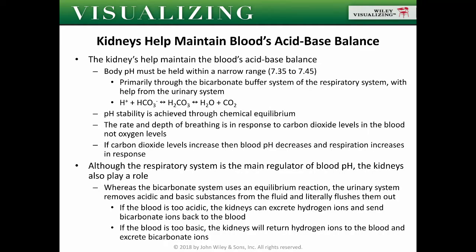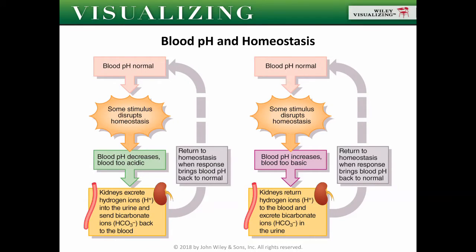So if the blood is too acidic, the kidneys can excrete hydrogen ions and send the bicarbonate ions back to the blood. Where if the blood is too basic, the kidneys will return the hydrogen ions to the blood and excrete the bicarbonate ions. So basically, those are homeostatic responses of the kidneys.